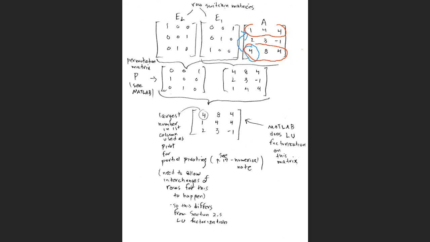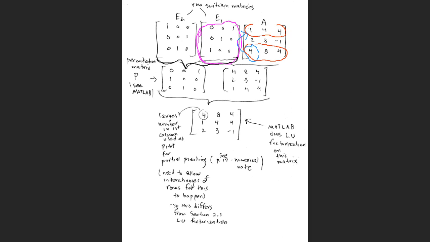E1 here is right here. So this elementary matrix E1 that I'm circling, notice what it is. If you take the identity matrix and switch the first and third rows, you're going to get this elementary matrix E1. Now don't worry about this bracket. You'll notice there's a bracket here, right? I want you to ignore that bracket for right now.